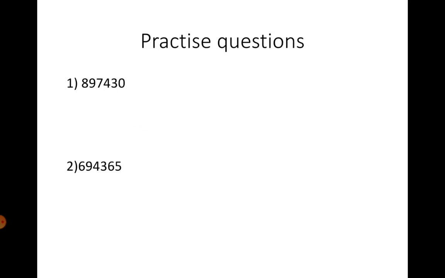Practice questions. Numbers ending with either 0 or 5 are divisible by 5, so here both numbers, having 0 and 5 at the end, are divisible by 5.